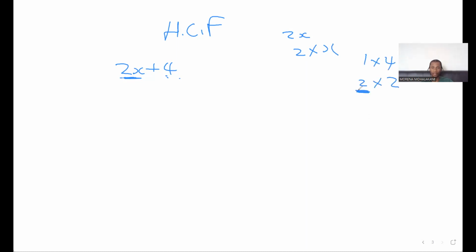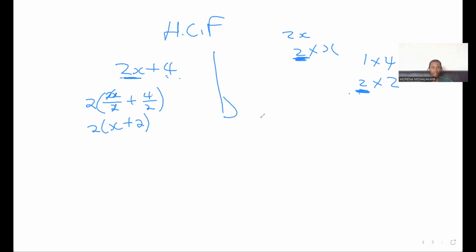So the common one for both is 2. It's common for both, so I'm going to factor it out. That is 2. Then it's going to be the highest common factor divided into each term. So it's 2x all over 2 plus 4 all over 2. 2 cancels the 2 there. You have x, then 4 divided by 2 is 2.